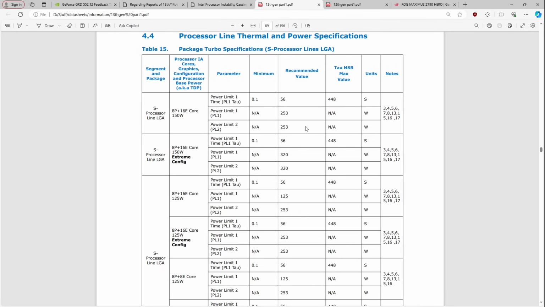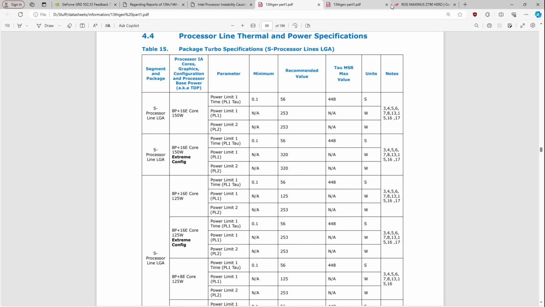On AM4, there are some motherboards where the power monitoring just isn't very accurate due to the power delivery circuitry not being very good. But I can't think of any example where a motherboard manufacturer went out of their way to violate the AMD power limits. Whereas with Intel, you don't have to do anything to violate the Intel recommendations, because they're recommendations. You just ignore them. That's how that works.